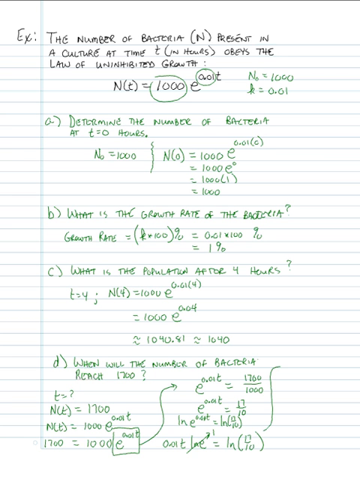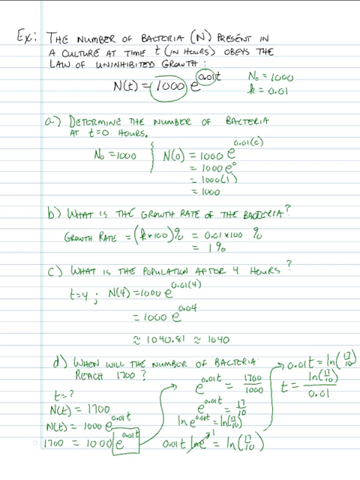So this equation ends up looking like 0.01t is equal to the natural log of 17 divided by 10. And so if I want to know the value of t, I'll just simply divide both sides by 0.01. So I'll have a numerator that's the natural log of 17 divided by 10, divided by the number 0.01.